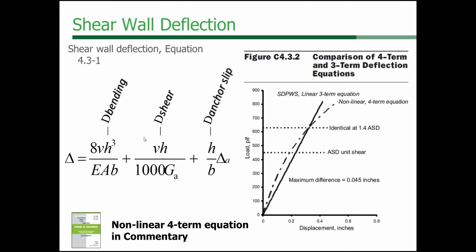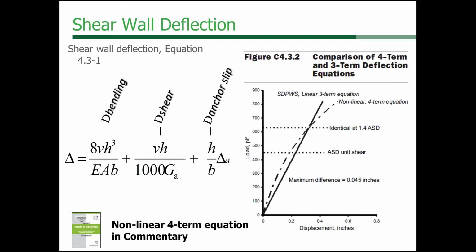Now, one reason is that this provides a linear equation. So you can see at 0, you apply the load, and you can linearly predict what the displacement is going to be. The curved part of the graph is the 4-term equation. It's a nonlinear equation, but you can see at strength level forces, 1.4 ASD, the 2 equations are exactly the same.